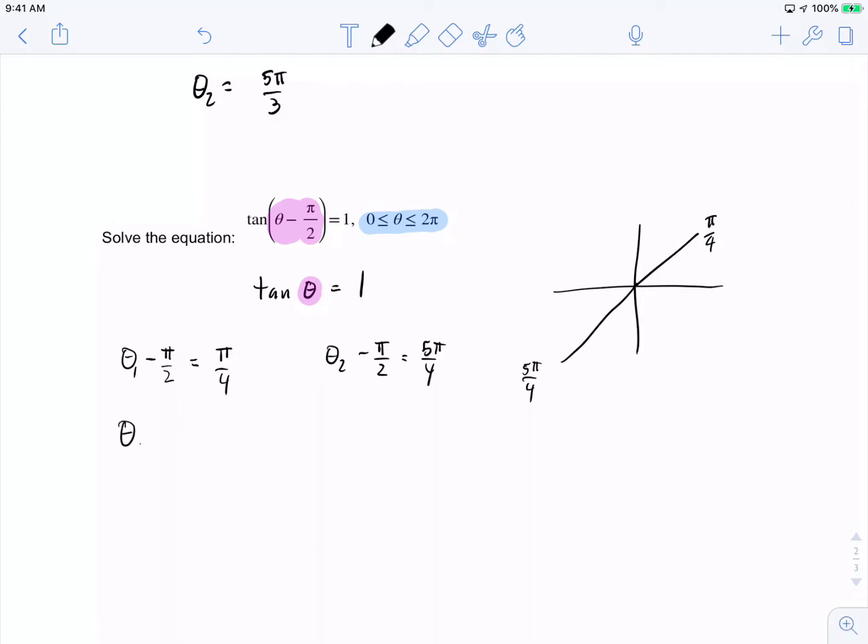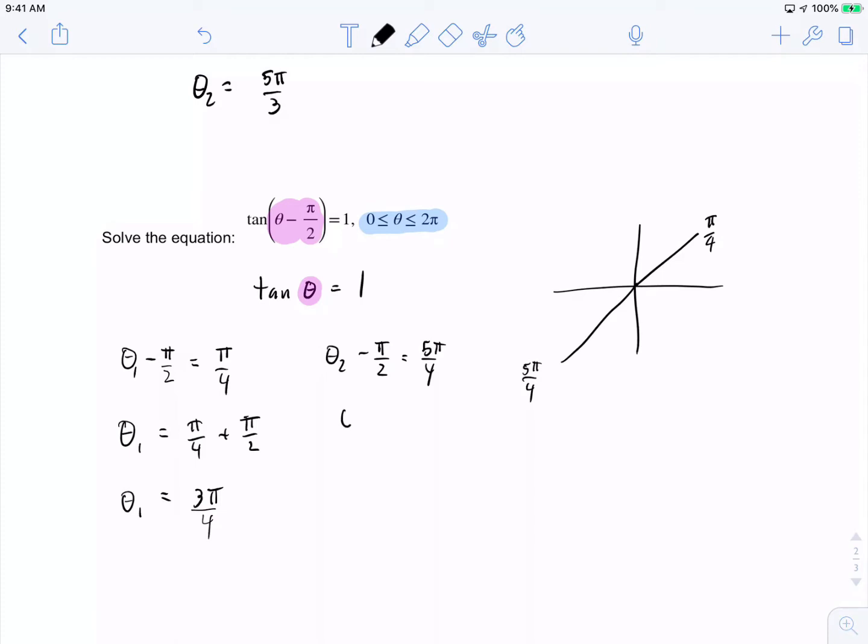So I'm going to add pi over 2 to both sides, and that's going to give me theta is equal to 3 pi over 4.